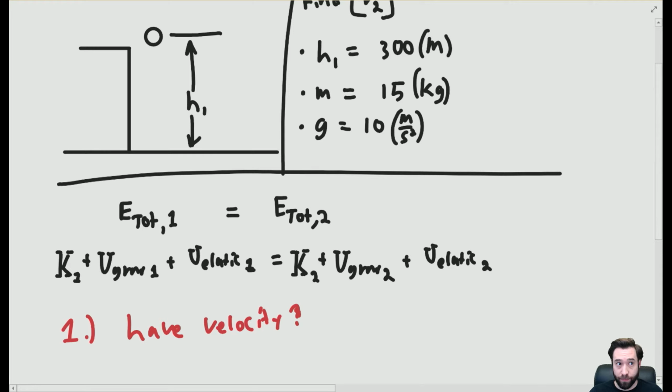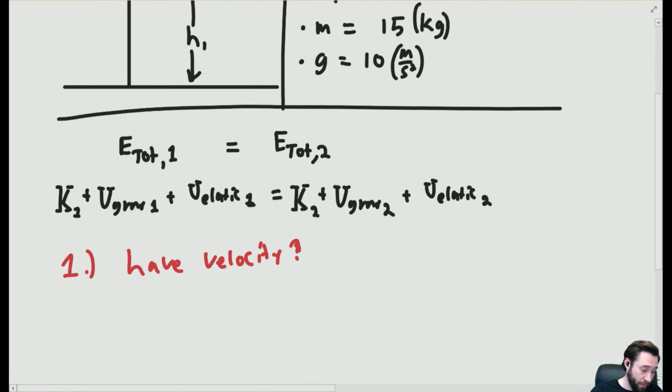Anybody? Correct. So it does not have a velocity. It doesn't have enough time to start speeding up. So the instant that I release it, it's essentially at rest. So for state 1, there is no velocity.